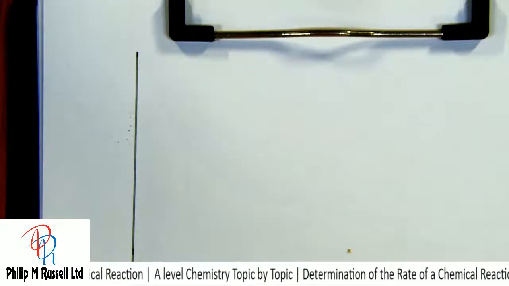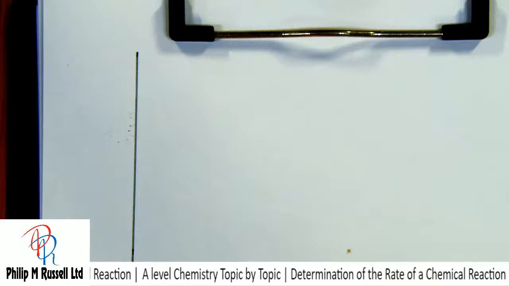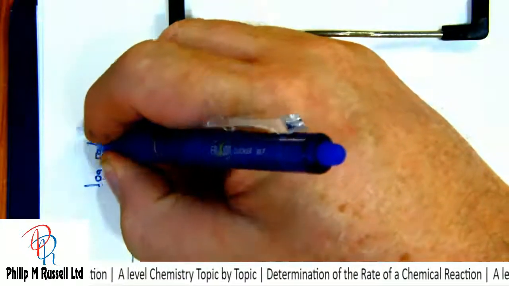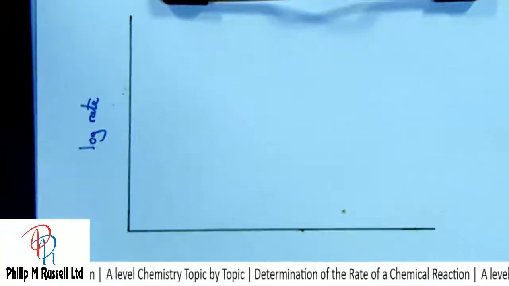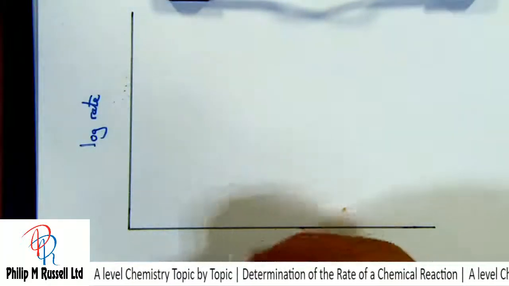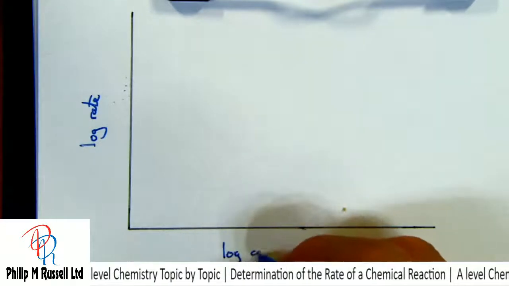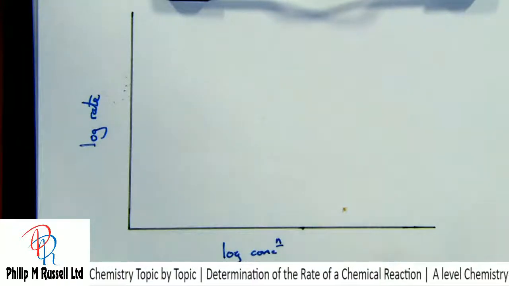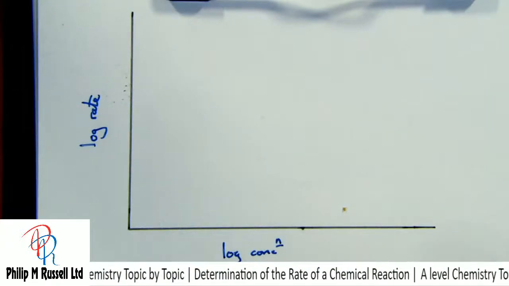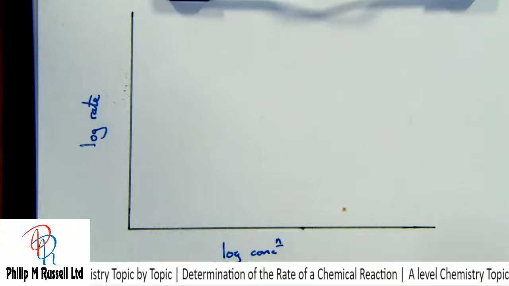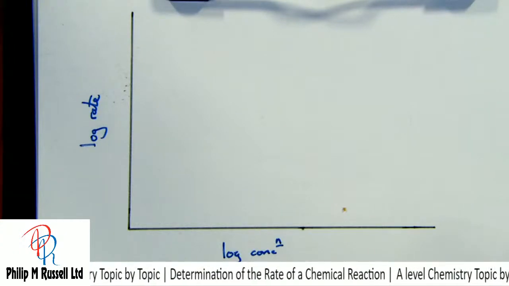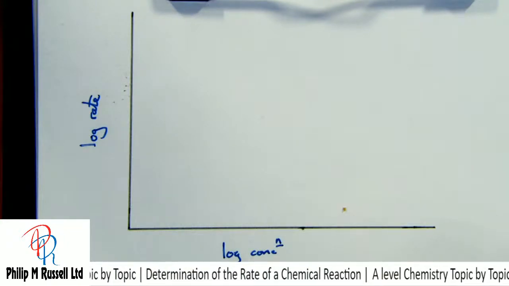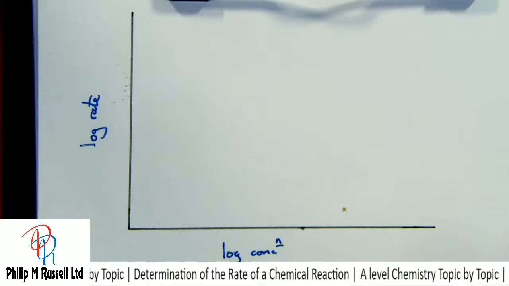Got a very different scale to play around with, but we're still going to put the log of the rate going up, and the log of the concentration going along the bottom. My values here are going to go from minus 0.3 to virtually 1.